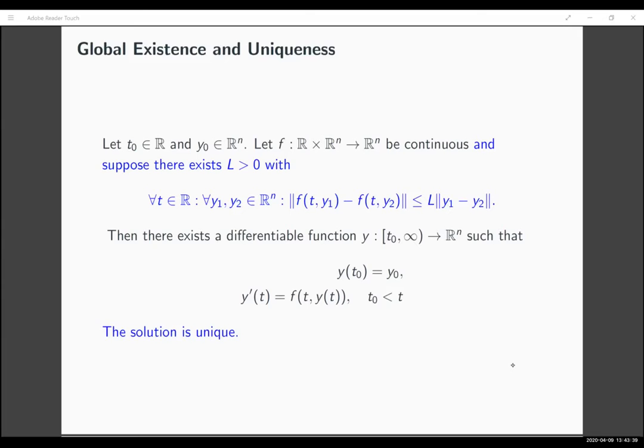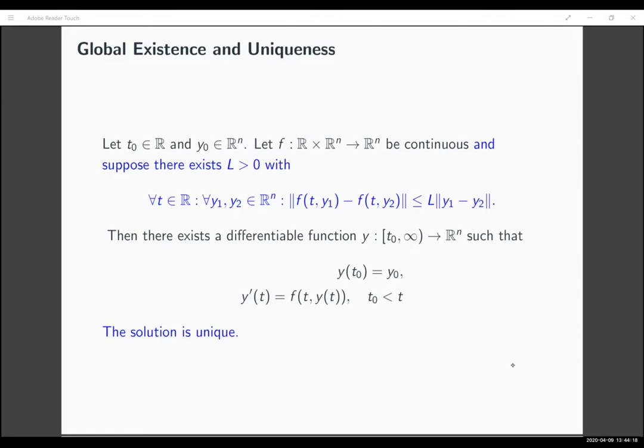And let's furthermore suppose that it satisfies the following condition, namely there exists a number L greater than 0 such that for all times t and for all vectors y1 and y2 from R^n, we have that the distance of f(t,y1) and f(t,y2) is bounded by L times the distance of y1 and y2.